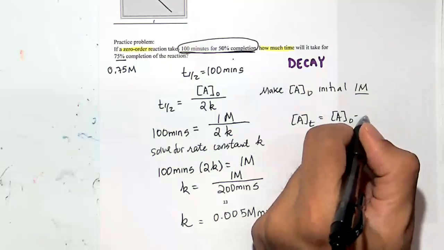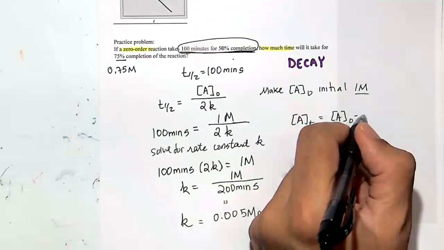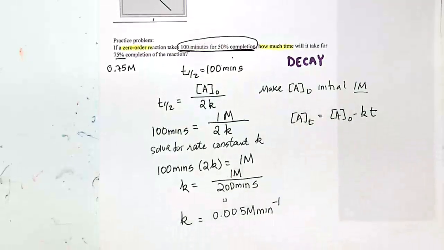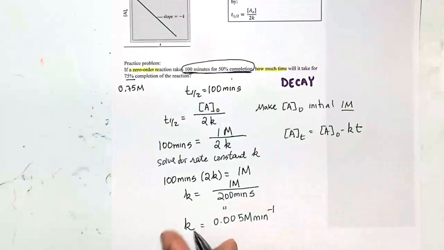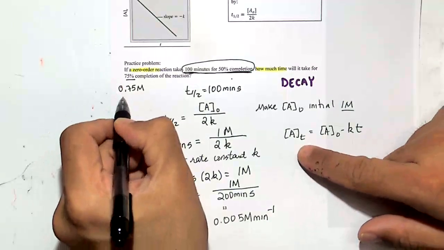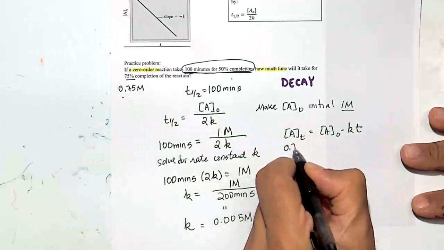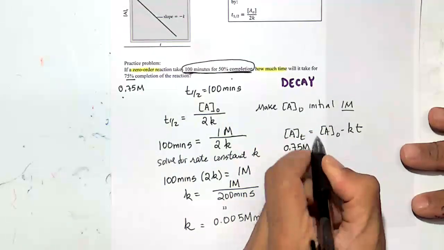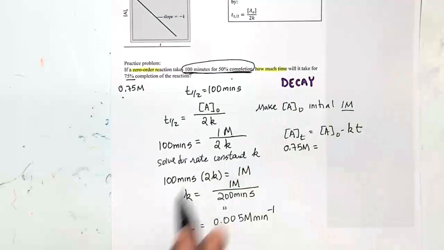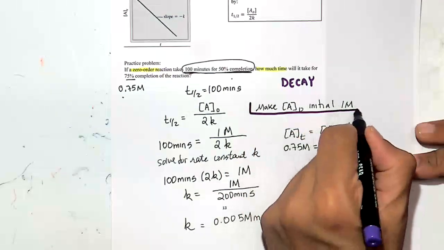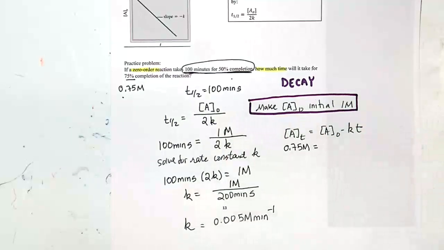So this is going to be 0.75 molar. Initially I just made it 1 molar, just to make things easy for us.